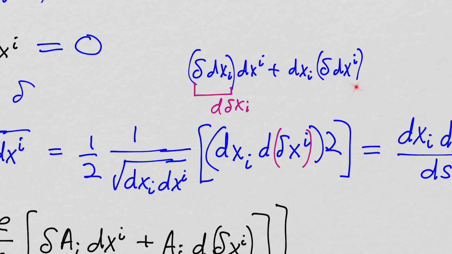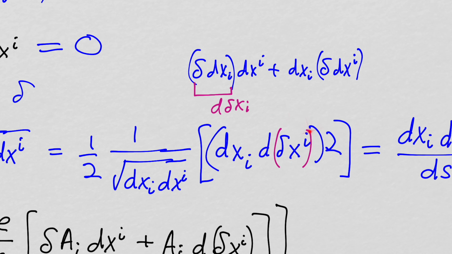Again, it's a product rule, because the variation behaves exactly like a differential except under the integral sign. Being linear, it commutes with the regular derivative. So you swap these around, and this is just equal to 2 times dxi summed into the differential of the variation.